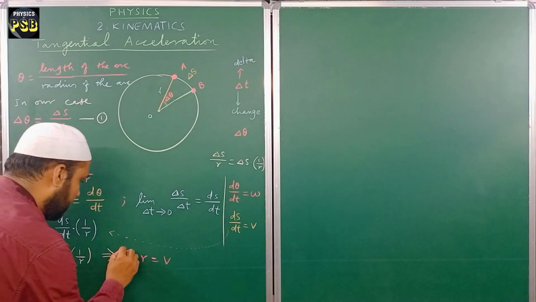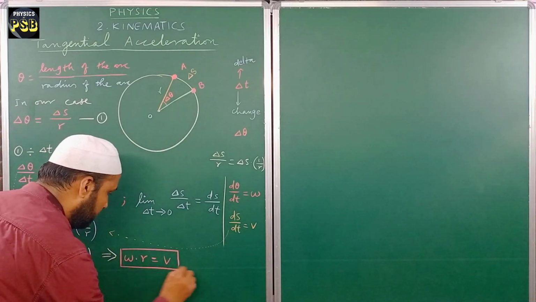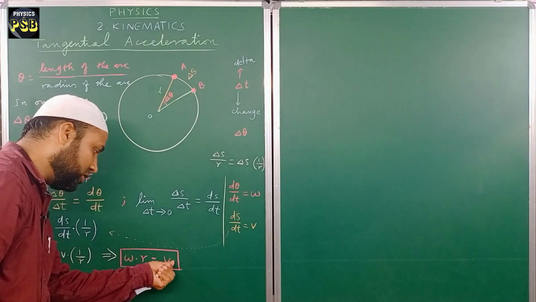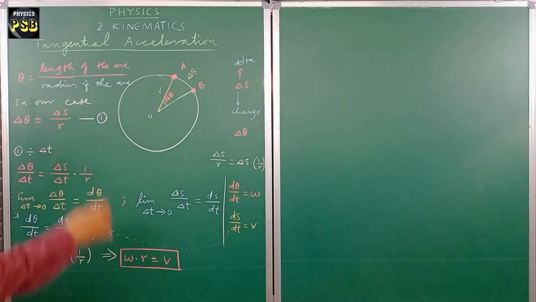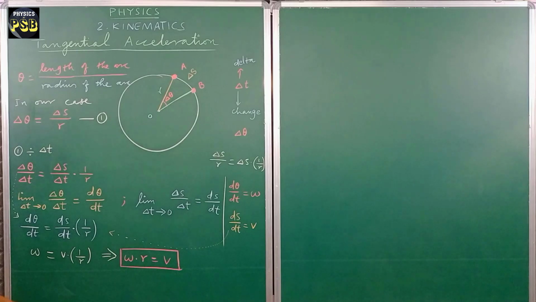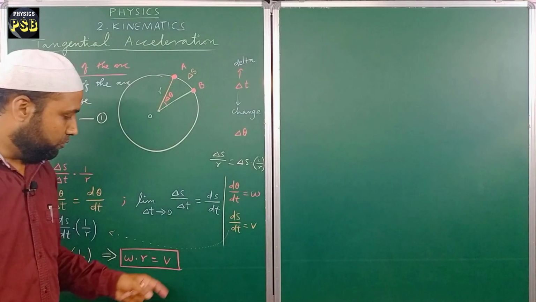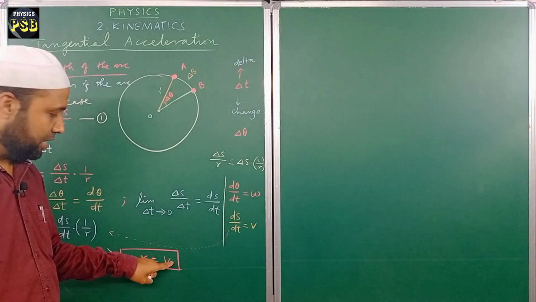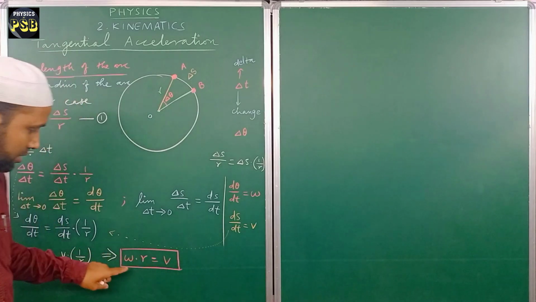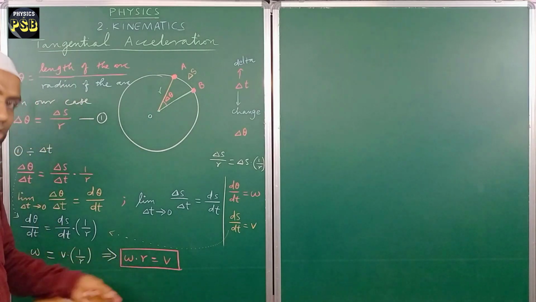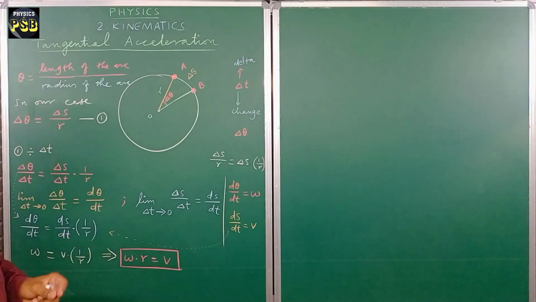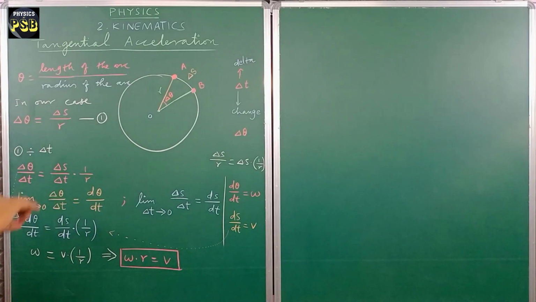Okay, this is the relationship between linear velocity and angular velocity. But here velocity is a vector quantity and angular velocity is also a vector quantity. So they have to be written in vector form.